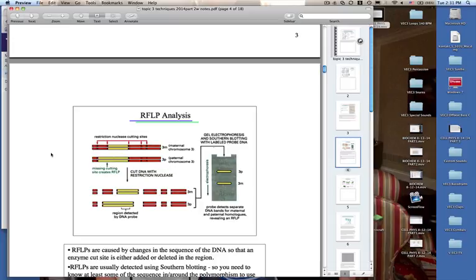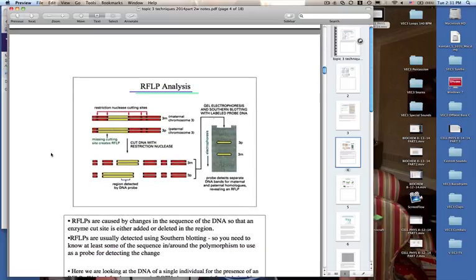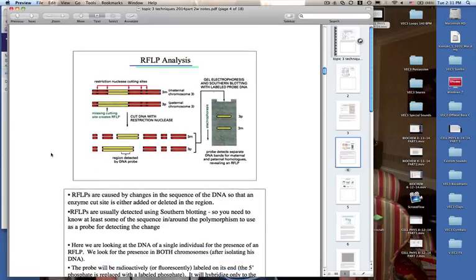So again, it can go either way of losing a site or gaining a site. Right? Obviously, when we're looking at these things, we're looking for the size of that restriction fragment. And it's going to be bigger or smaller depending upon if we're, for instance here, missing this site. That fragment length is going to be larger because there's no cut site at that position anymore.